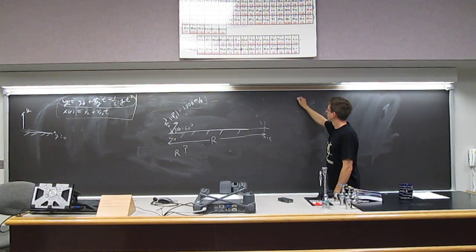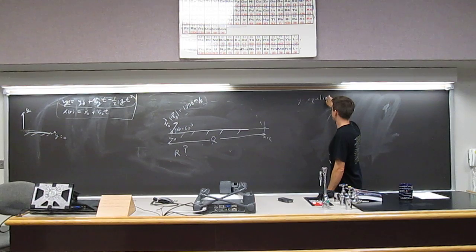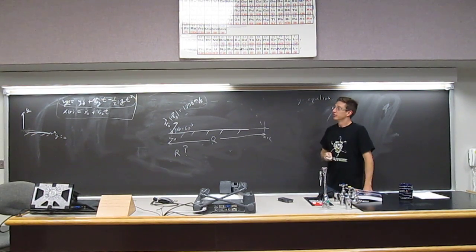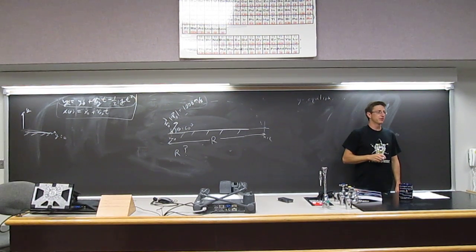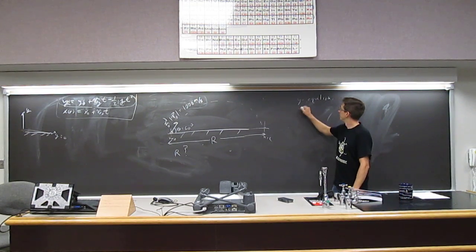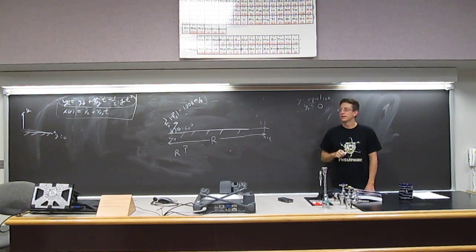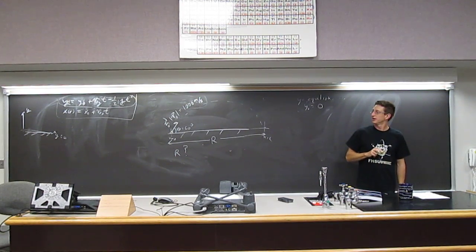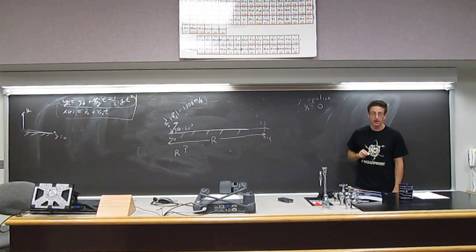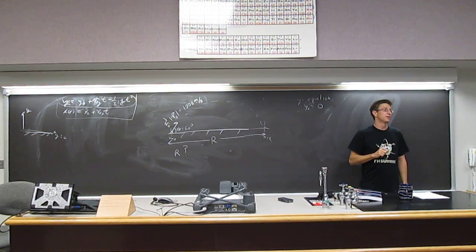From the y equation, if I fire it from the ground, what's the initial y position? 0. Okay. Now if I fire it with an initial speed at an angle of theta, what's the initial velocity in the y direction?